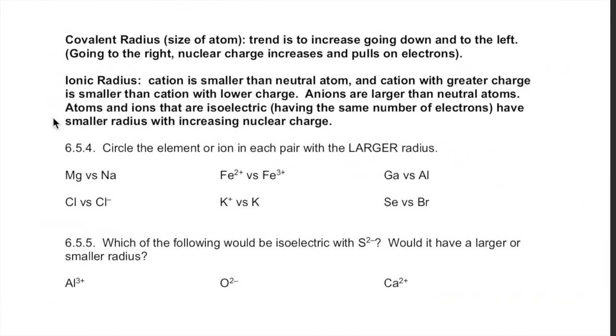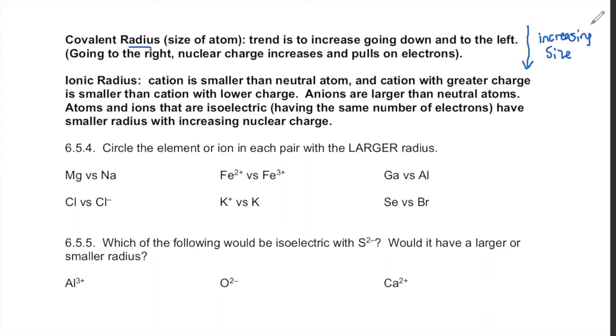Let's take a look at the trends in atomic size, also called the radius. It's probably not too surprising that as elements go down the periodic table and they get more and more shells of electrons around them, they get larger. So the size increases going down the periodic table. And you might expect that as the electrons build up going left to right that it gets bigger, but it actually is the opposite.